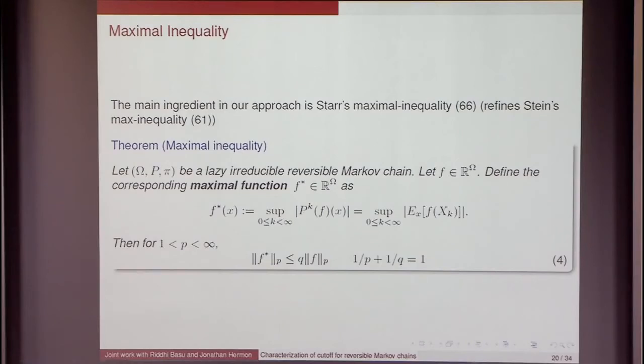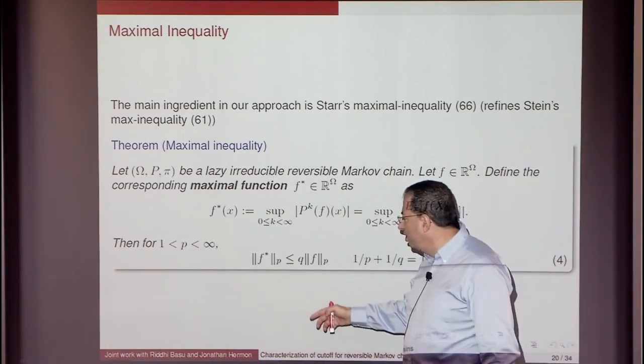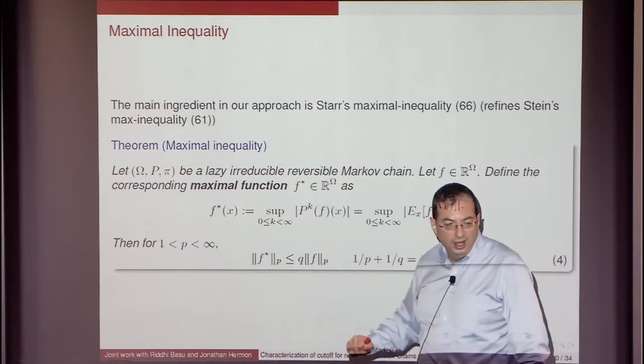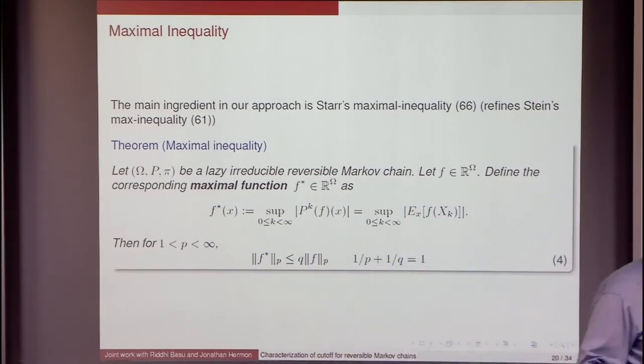But here, we're not taking a fixed time, we're maximizing over all times, and we only lose a constant, and the constant is not too bad. In this work, we just need to take p equals 2, but in other places, we need p more subtle. For p equals 2, what this means is the L2 norm of this maximal function is just bounded by twice the L2 norm of the original function f.